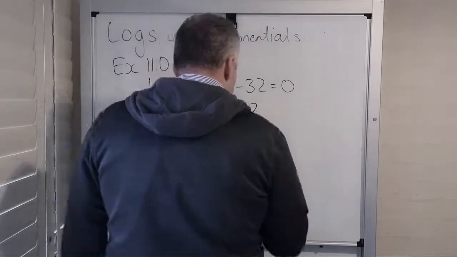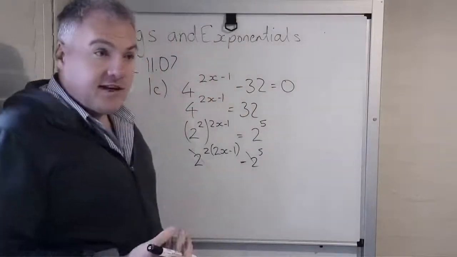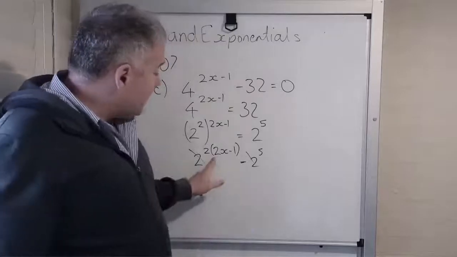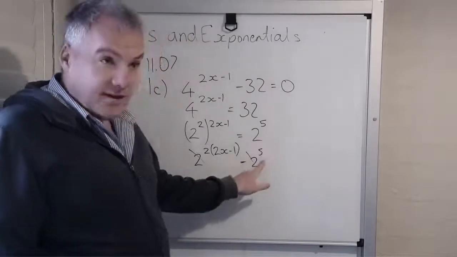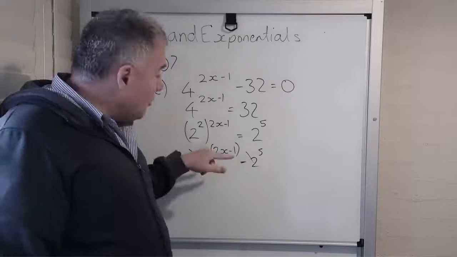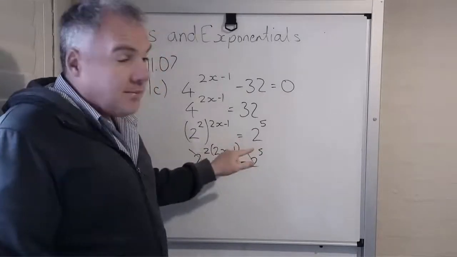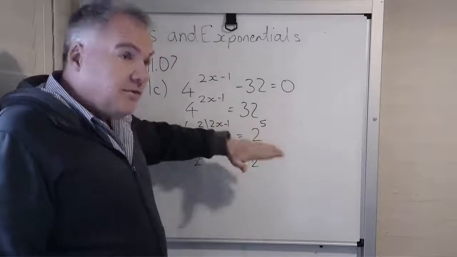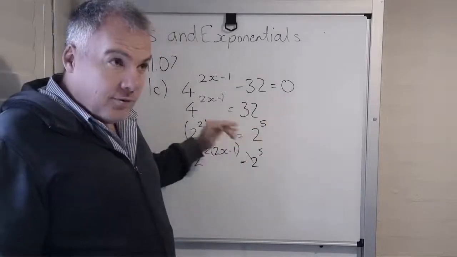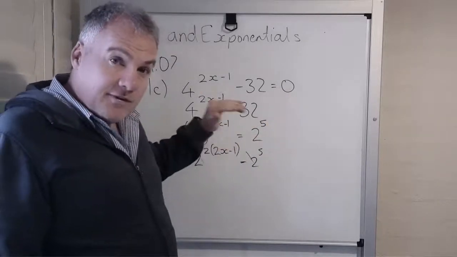Okay, both of these can be done in one step. 2 to some stuff equals 2 to some stuff. So all we've got to do is make the tops equal, and we can drop the bottom because it's all to the power of stuff and it's all the same.